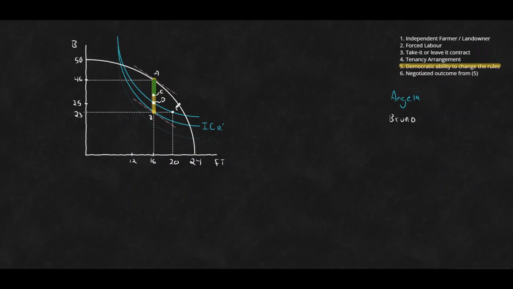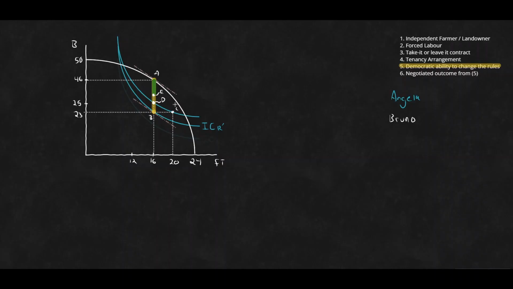Or alternatively, right there, something like that, I can call that E. C to E is such that Angela is better off. It would be a higher indifference curve going through E. So Angela would be better off at E, but Bruno is no worse off.